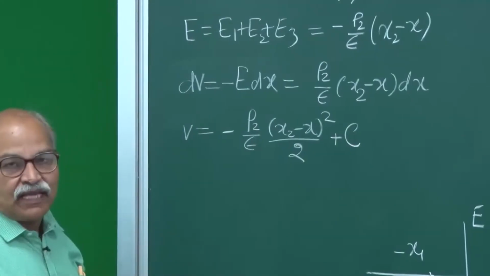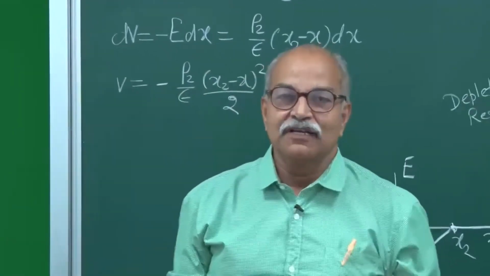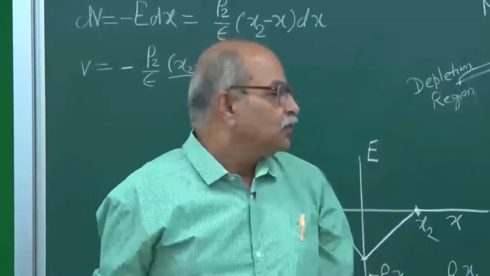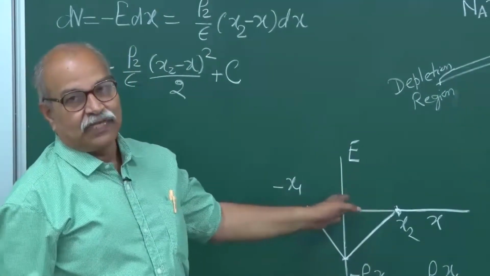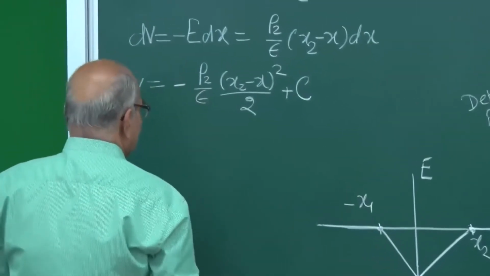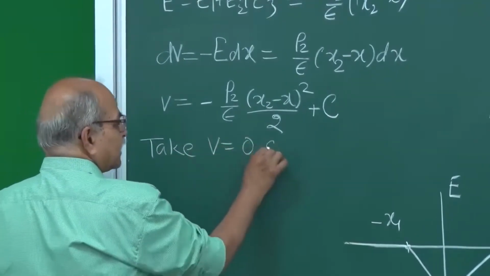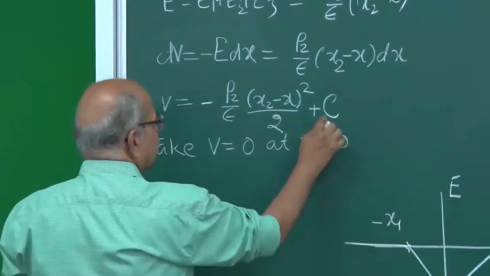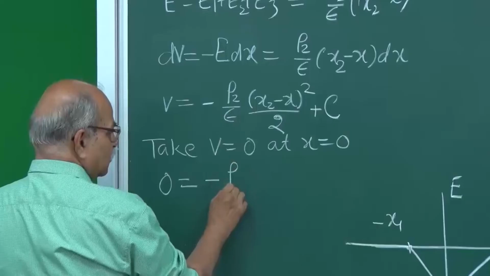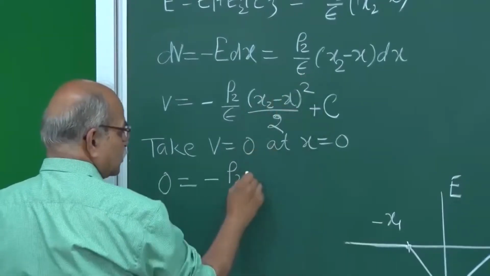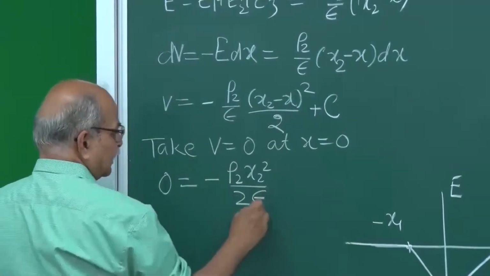That constant can be evaluated by choosing a point for V equal to 0. So we take this junction point itself, x equal to 0, as the point where V is 0. That's our choice, you know that. So take V equal to 0 at x equal to 0, and then you get 0 is equal to minus rho 2 x2 square divided by 2 epsilon plus c.